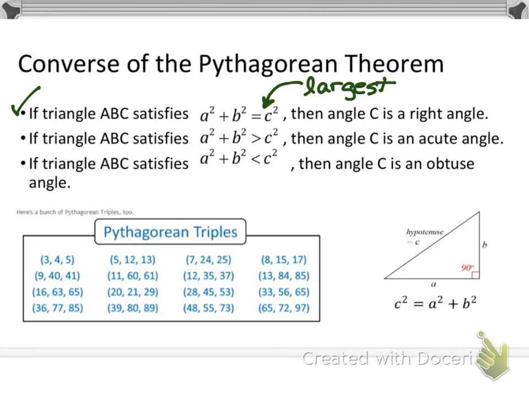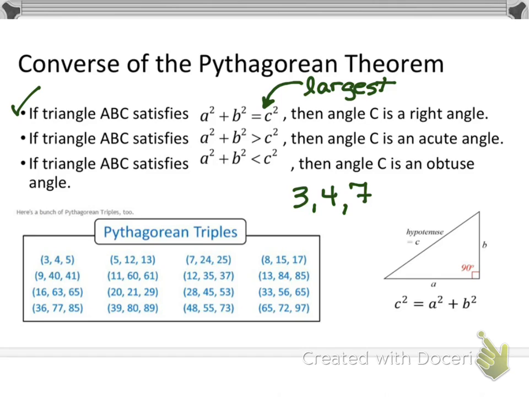So let's just say that my triangle has sides 3, 4, and 7. And I want to know whether that is a right triangle, an acute triangle, which means it has all acute angles, or an obtuse triangle, which means it has one angle larger than 90.